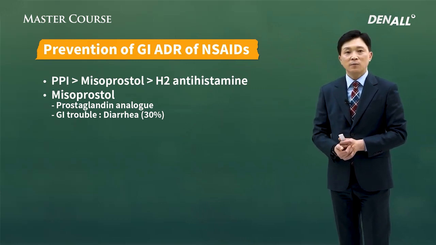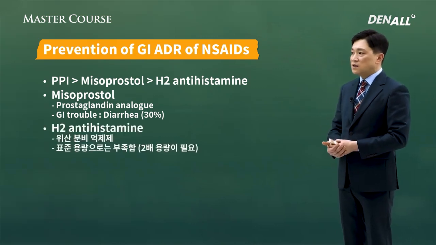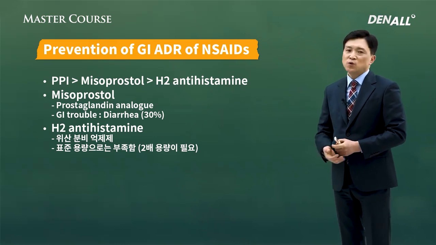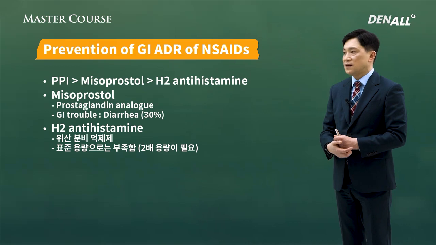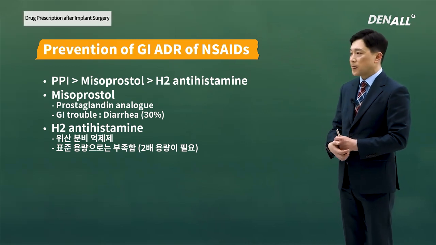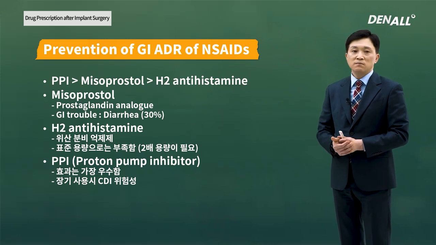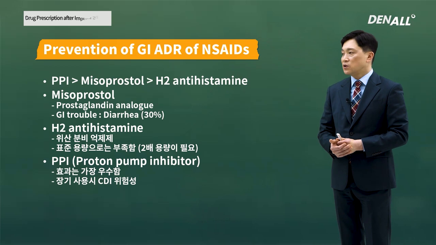Omeprazole or esomeprazole are PPIs. H2 antihistamine is a gastric acid secretion inhibitor, but the standard dosage is not good enough. Therefore, 2-fold dosage needs to be used. PPI blocks gastric acid secretion and is the most effective one. However, if it is used for a long time, there's a risk of CDI.